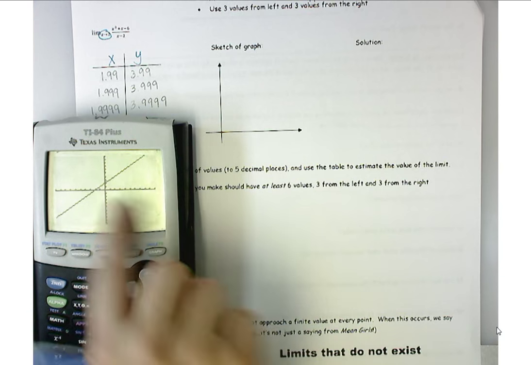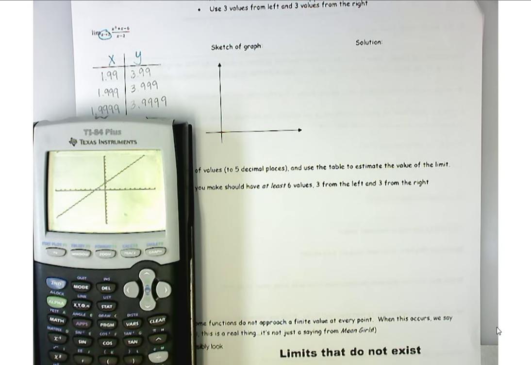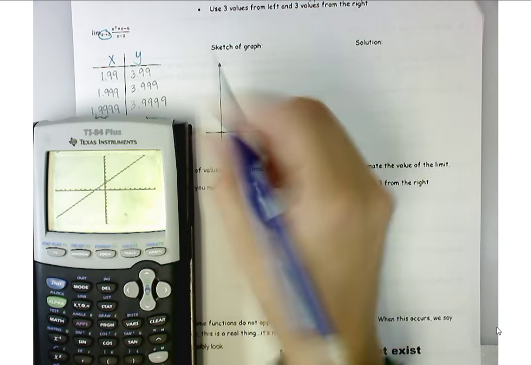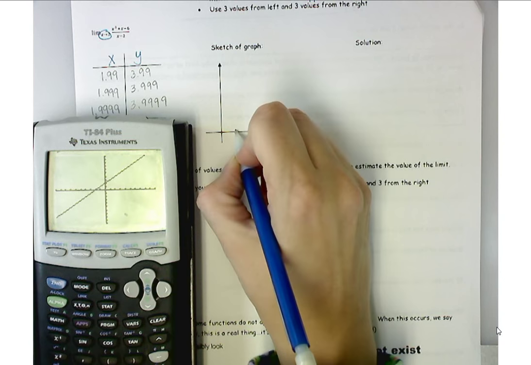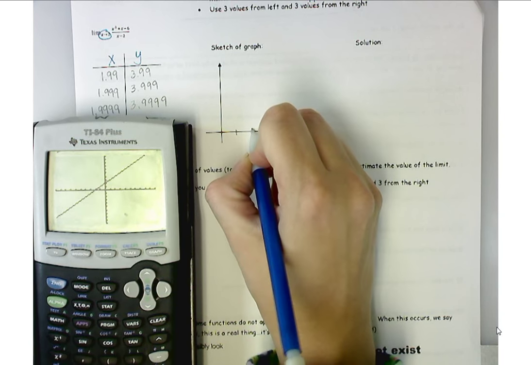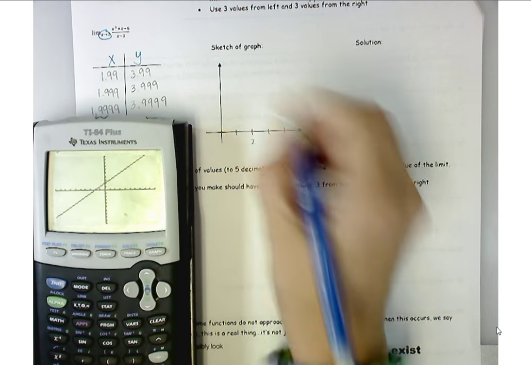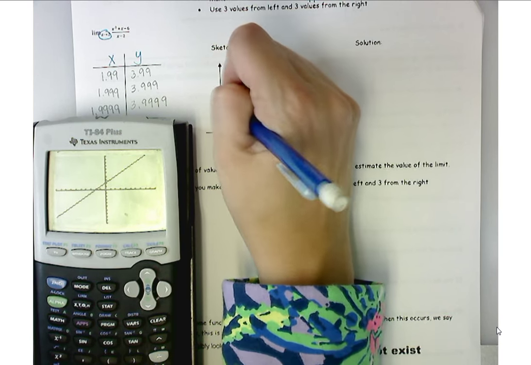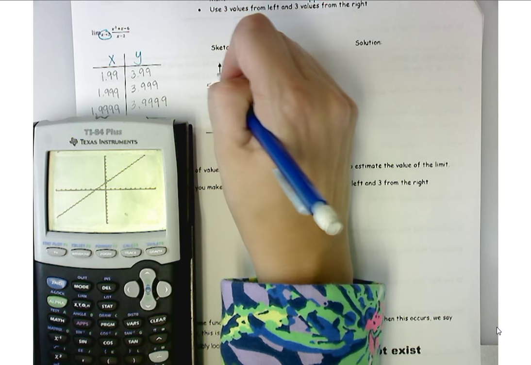Okay, we're just going to sketch part of your graph, and I'm going to use my table to plot some points from that. So if I have 0, 1, 2, 3, 4, and then 1, 2, 3, 4, 5.